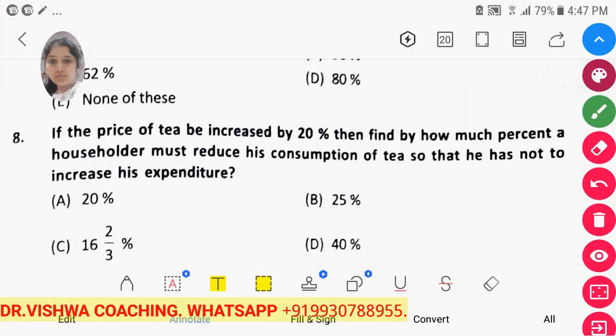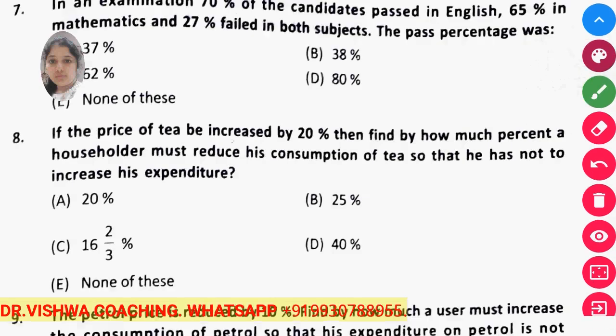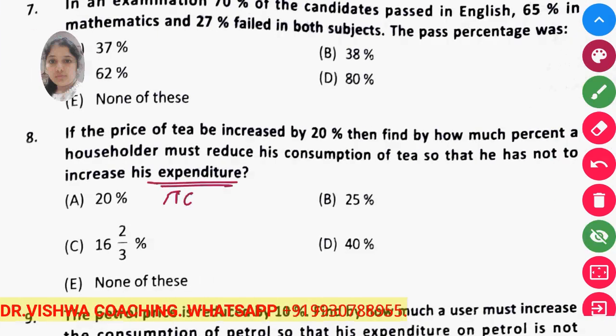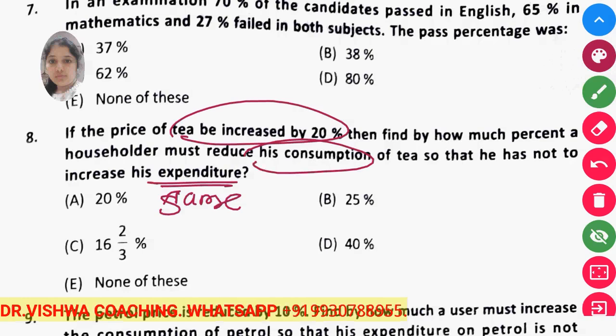the price of tea is increased by 20%, and then find by how much percent the householder must reduce the consumption so that he has no increase in expenditure. Now see, previously in the last lecture we learned some standard formulas where expenditure remains constant, and if the price increases, we should reduce the consumption.